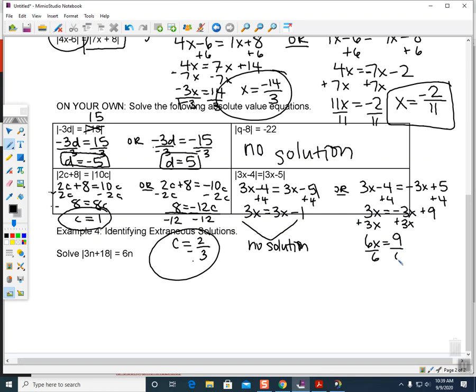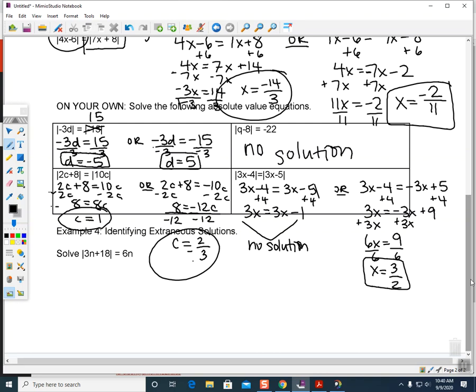Divide both sides by 6. I need to reduce, right? x equals, 3 goes into both of those. 3 goes into 9 3 times. 3 goes into 6 2 times. I'm left with x equals 3 halves. So my only solution for this problem is x equals 3 halves. I don't have two solutions this time around.